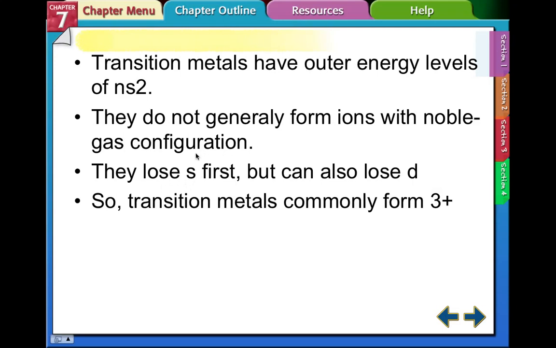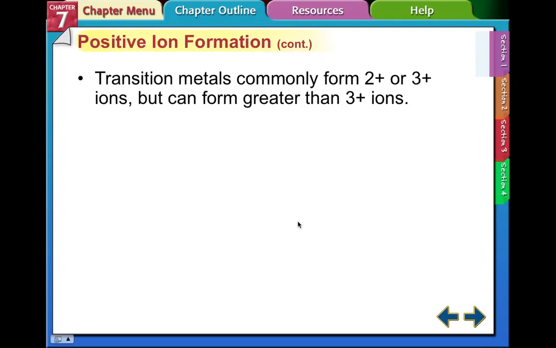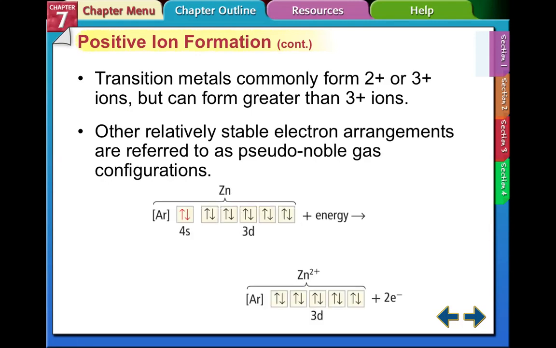Okay, they're going to lose their S first, but remember, they can also lose the D. So transition metals commonly form 3+. And let's talk about this first. Transition metals commonly form 2+ or 3+ ions, but can form greater than 3+ ions.